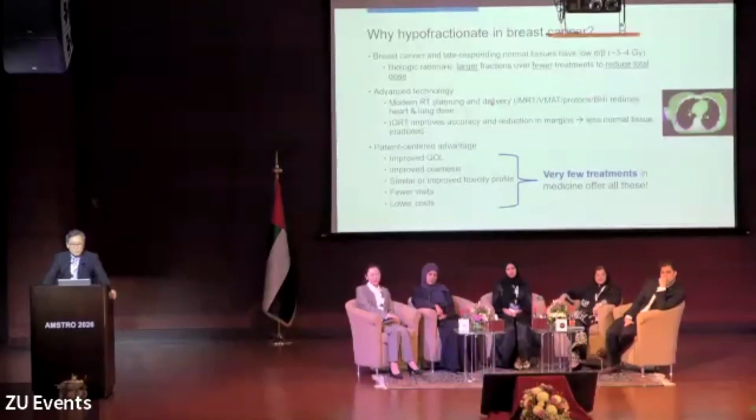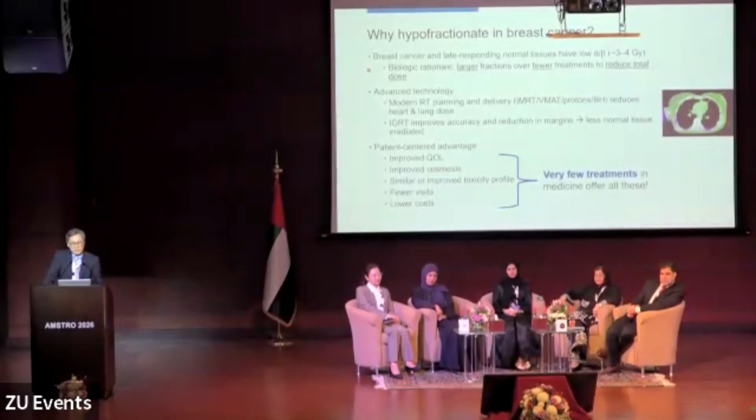So why do we hypofractionate in breast cancer? Again, the biological rationale is that the breast cancer has a low alpha beta ratio between 3 to 4 gray. So basically, larger fractions over fewer treatments, and the key is to reduce the total dose in hypofractionation.